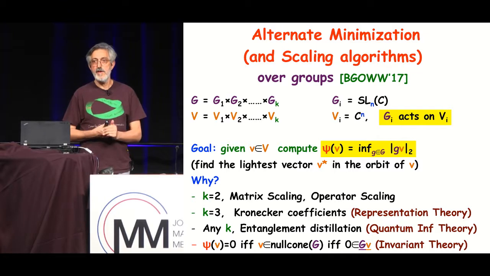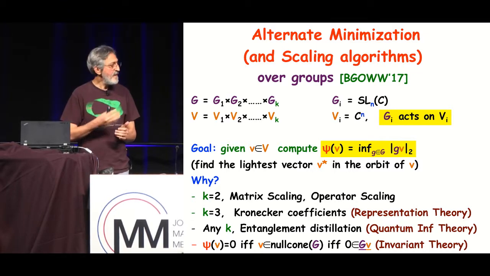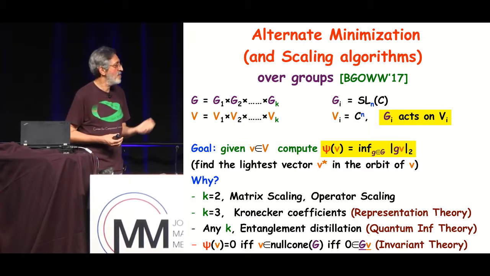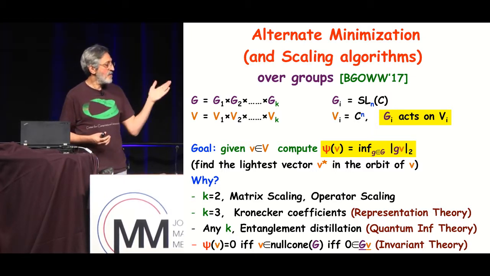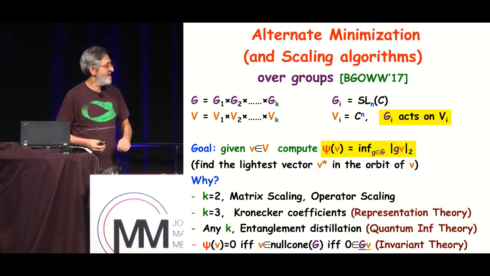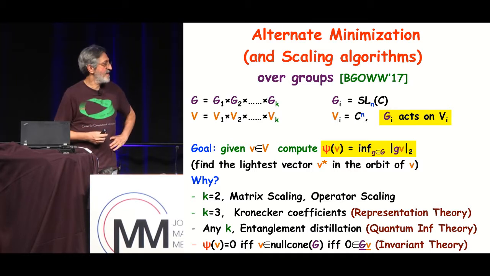That's just the definition of being able to push this vector and make it shrink to arbitrarily small. And that's a basic question in invariant theory and in geometric invariant theory. You want to understand it, because it has many manifestations in these and other cases.